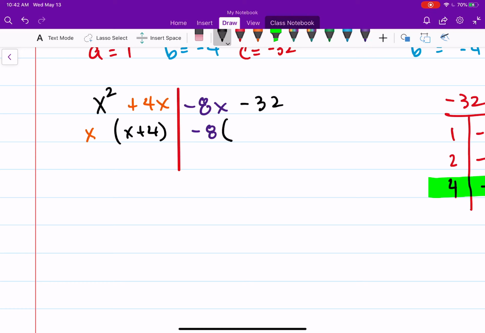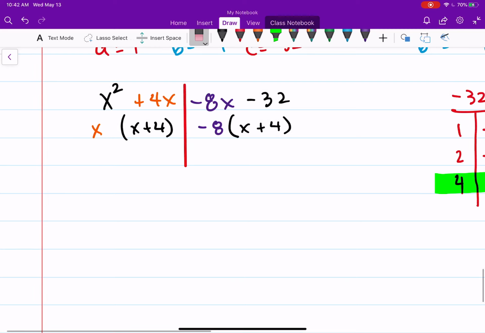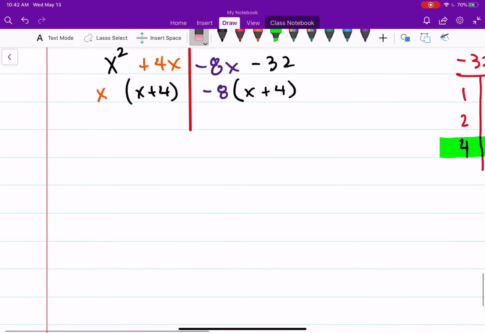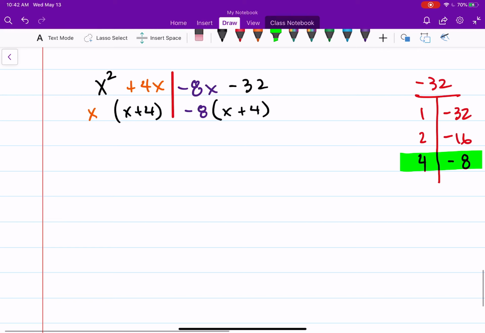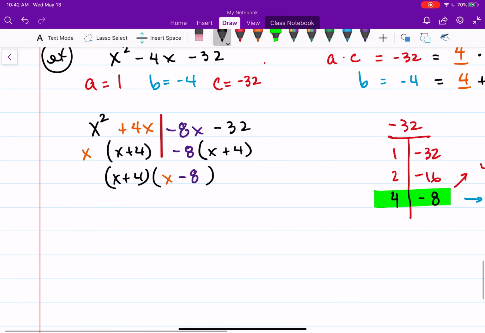So because I pull out the negative, it's gonna flip the signs: x plus 4. Okay, so factor as a whole, I got x plus 4. And what do I have left? x minus 8.